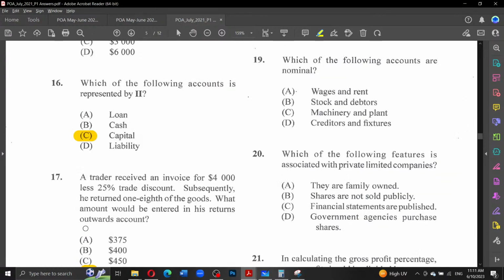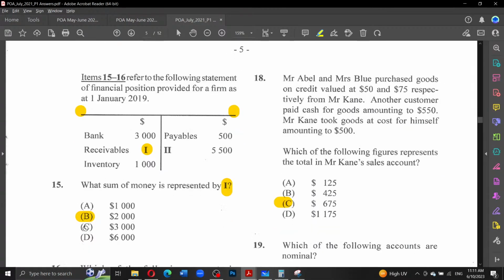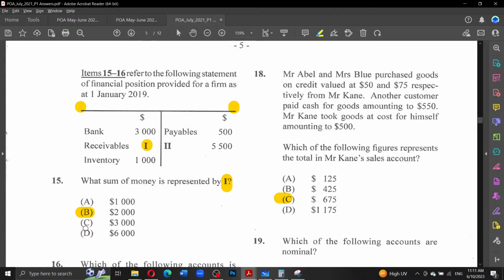Question 18. Mr. Abel and Mr. Blue purchased goods on credit valued at $50 and $75 respectively from Mr. Kane. Another customer paid cash for goods amounting to $5,550.